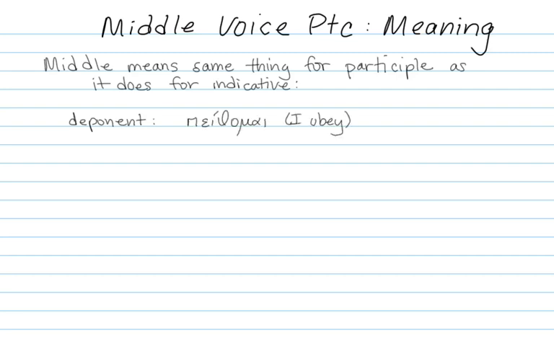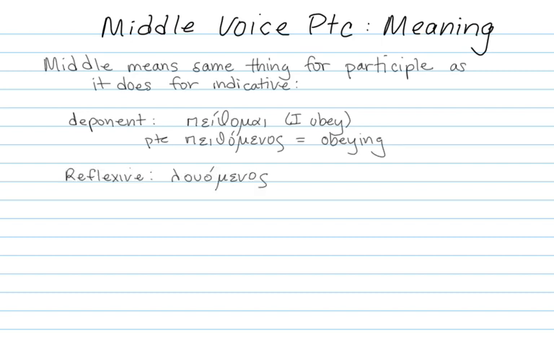One example verb that is deponent is pethomai. It means I obey, and the participle is pethomenos. Because pethomai is a middle voice verb, if we want to talk about obeying, we have to use the middle voice participle. Other uses of the middle were reflexive, so luomenos.